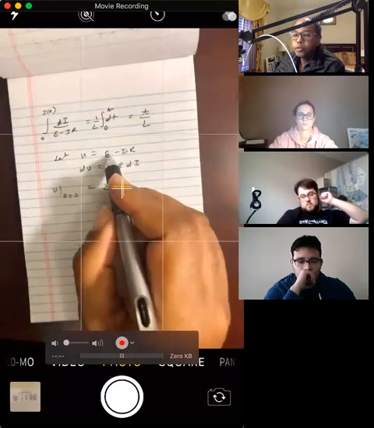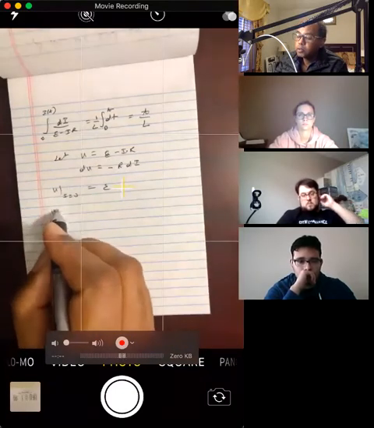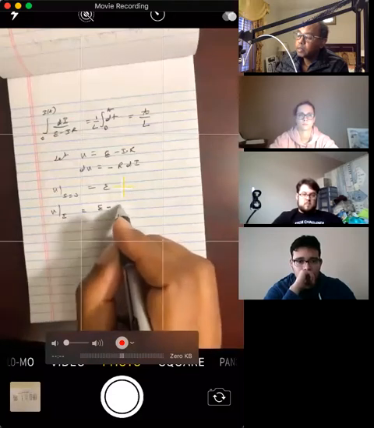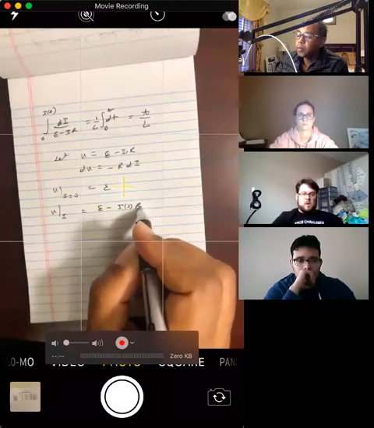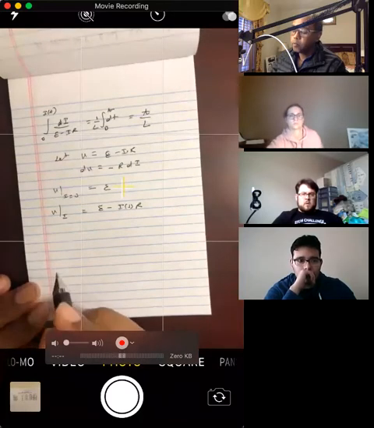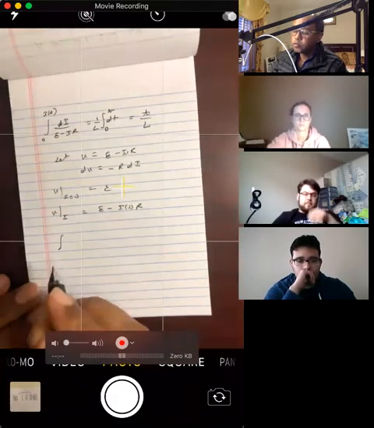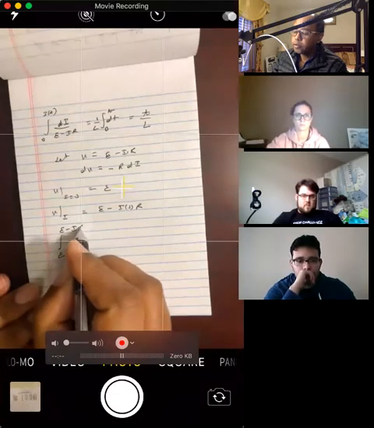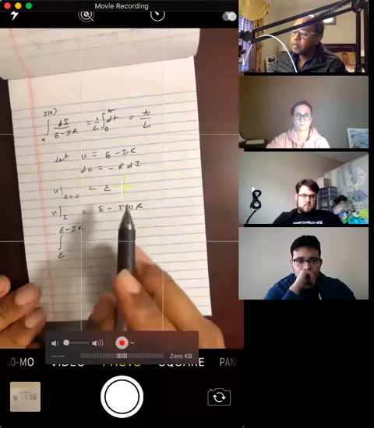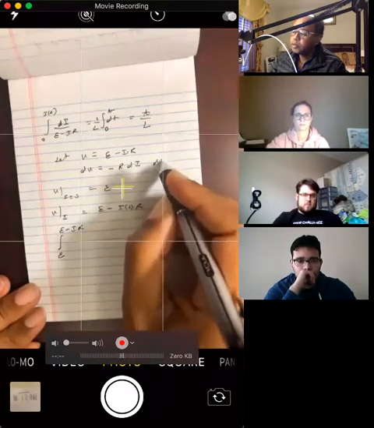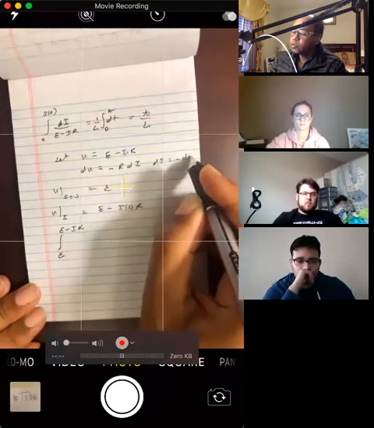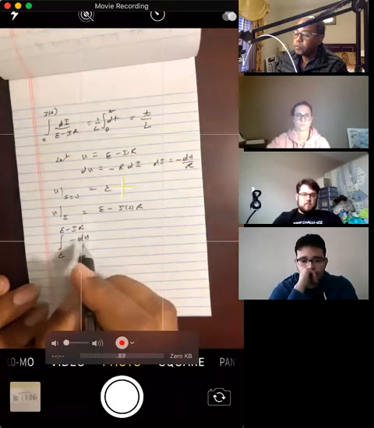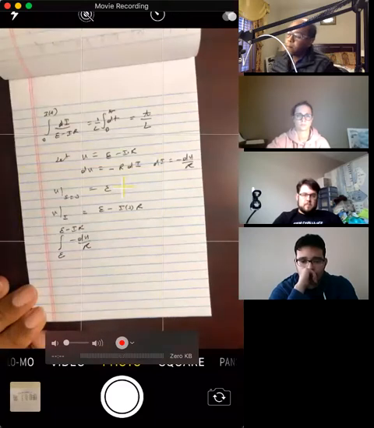When you put 0 in, you get E. How about u at an arbitrary I? You simply get E minus I as a function of time times R. So we can modify this integral as follows. It goes from E to E minus IR, and di is negative du over R.